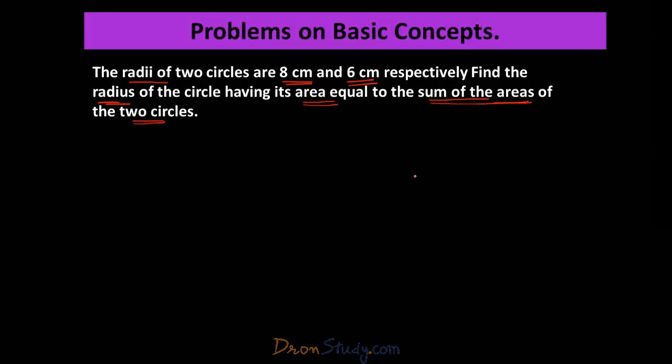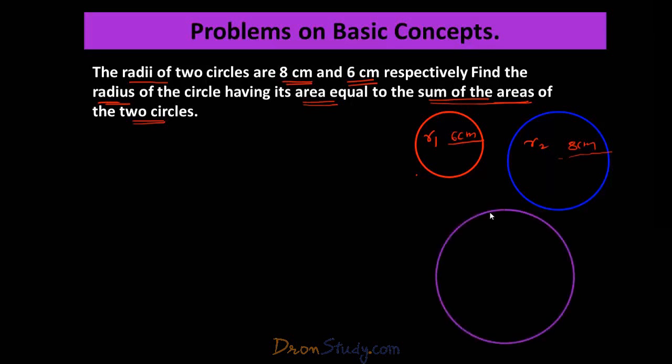of the two circles. So here this is the first circle and the radius of this first circle is given as 6 centimeter. Let it be denoted as R1, and this is the other one whose radius is given as 8 centimeter. Let it be denoted as R2, and there is a third circle whose radius we have to find, and this radius we assume as capital R. Now here the areas of the circles are compared.